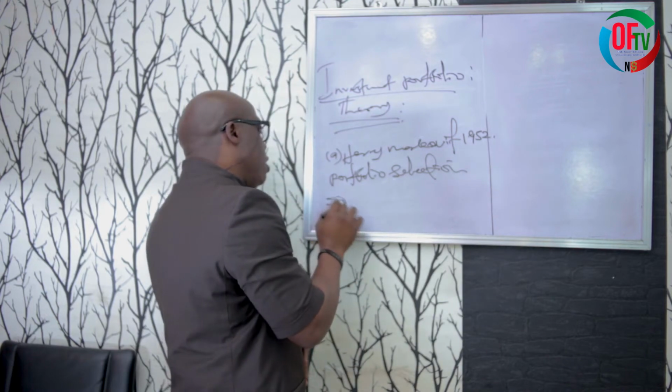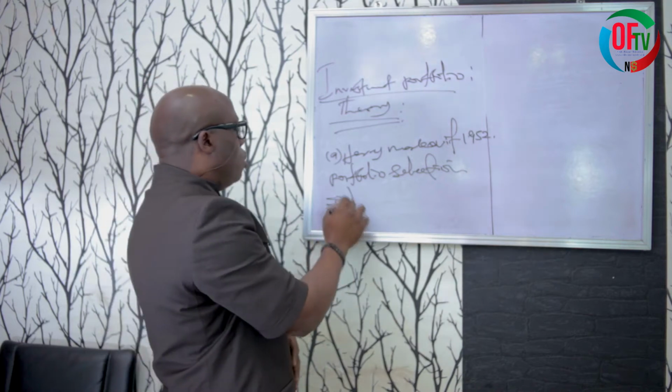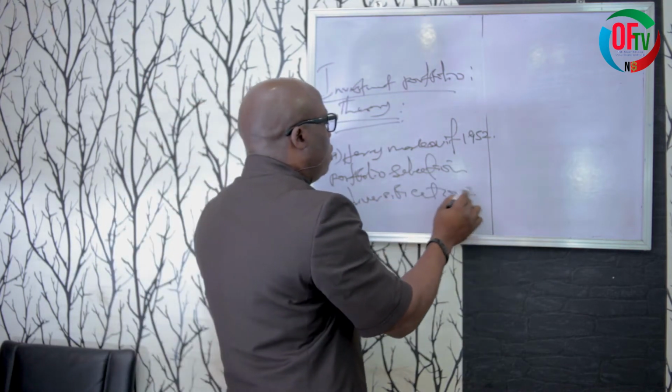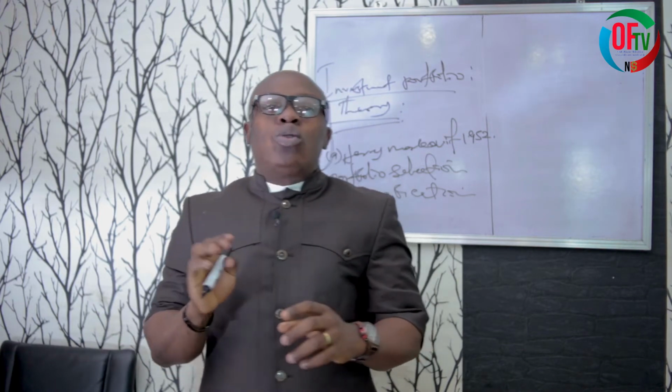Now, the summary of this is that Henry Markowitz talked about what? Diversification. In 1952, Henry Markowitz discovered that if you are doing only one single business, you can easily liquidate immediately. Once you have pressure on that business, it dies, technically.